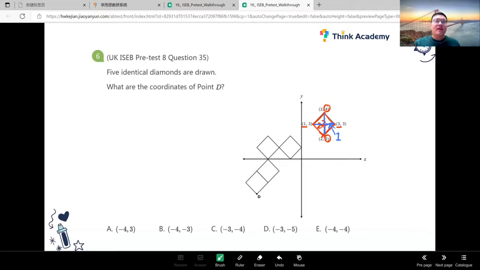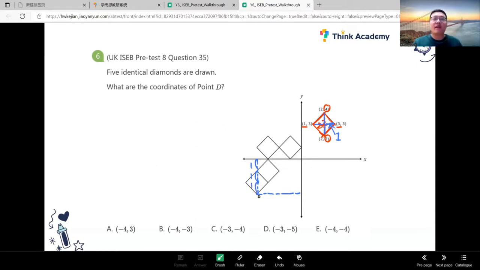So that's 1. And now let's see, what are the coordinates of D? If you go to the x-axis and y-axis, we know that this part is 1, this part is 1, and this is also 1.